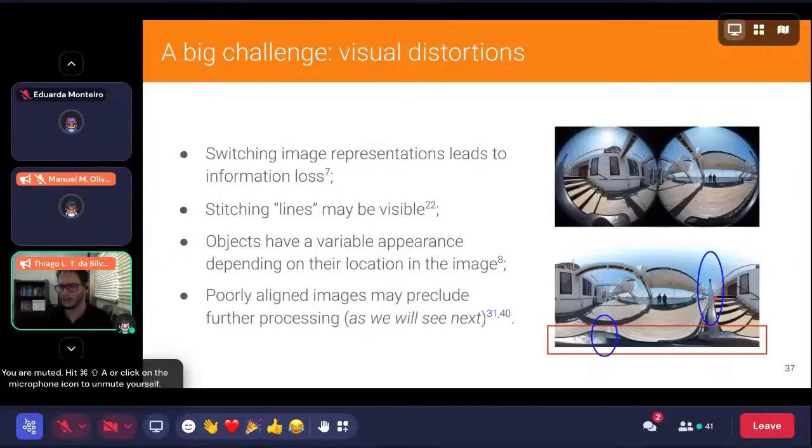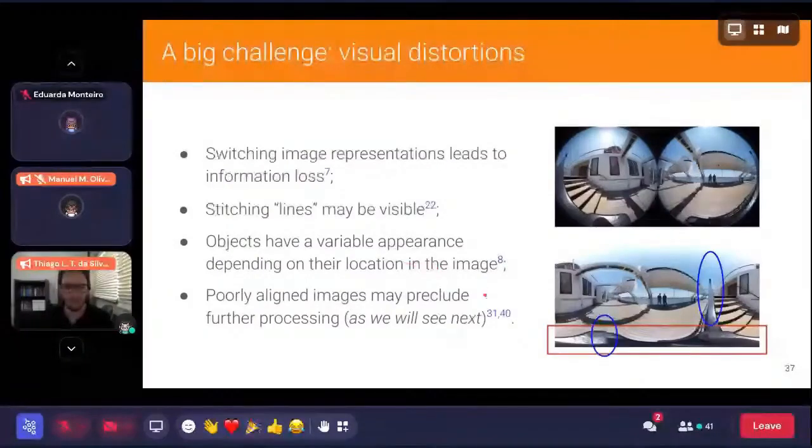And this appearance will be so strange that maybe we cannot understand the image at first moment. And this kind of misorientation of the camera can preclude further processing. So this is one of the tasks we selected for discussing a little bit more, and Cláudio will probably present this part in a few minutes.